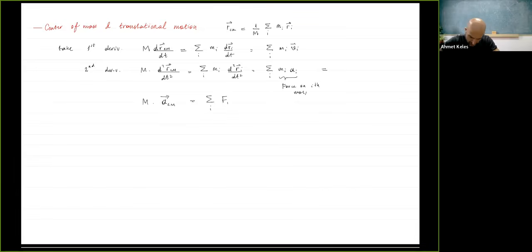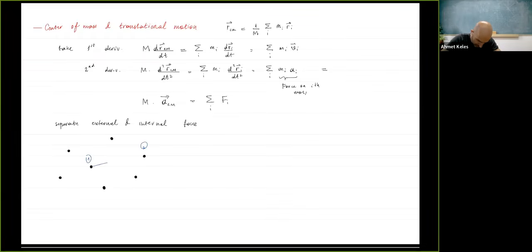Now I want to do the following. Let's separate external and internal forces. What this means is I have a distribution of masses, like something like that, and take any mass, for example, let's take this one, 1, and this one, 2.